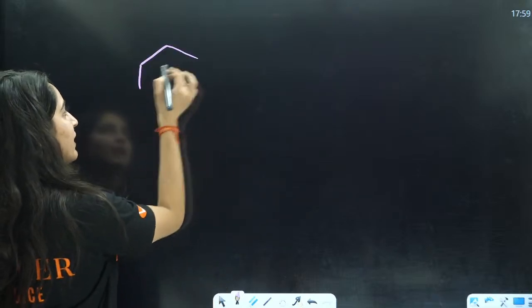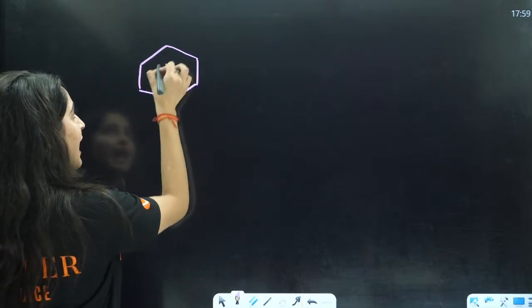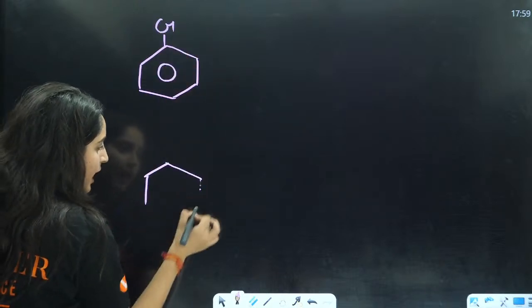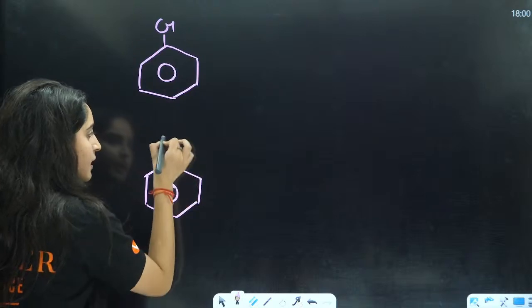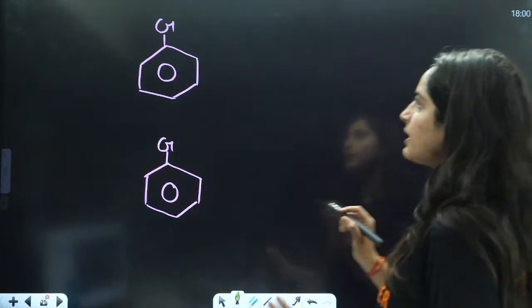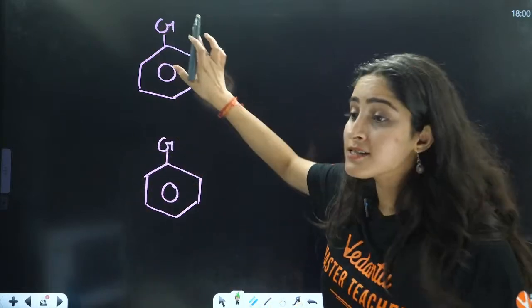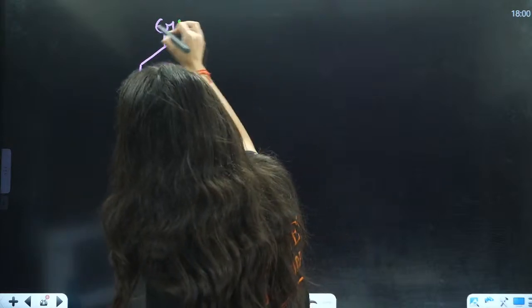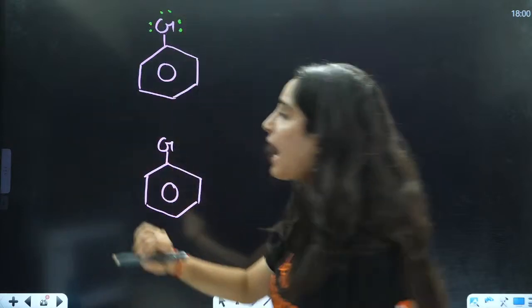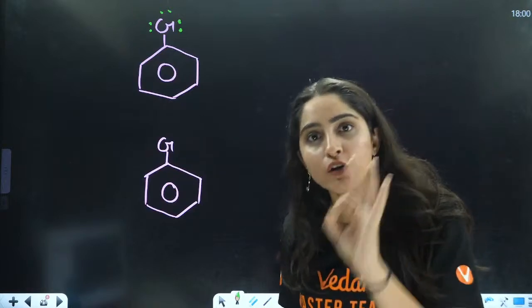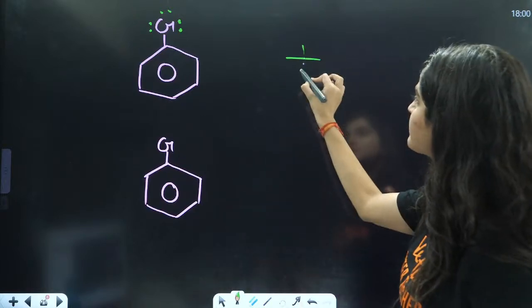Now see students, I will tell you a very simple trick. Any group attached to a benzene ring, there is another group that is attached. Always remember one thing: if the group attached to the benzene ring has some lone pairs, then it is always going to show the plus M effect.